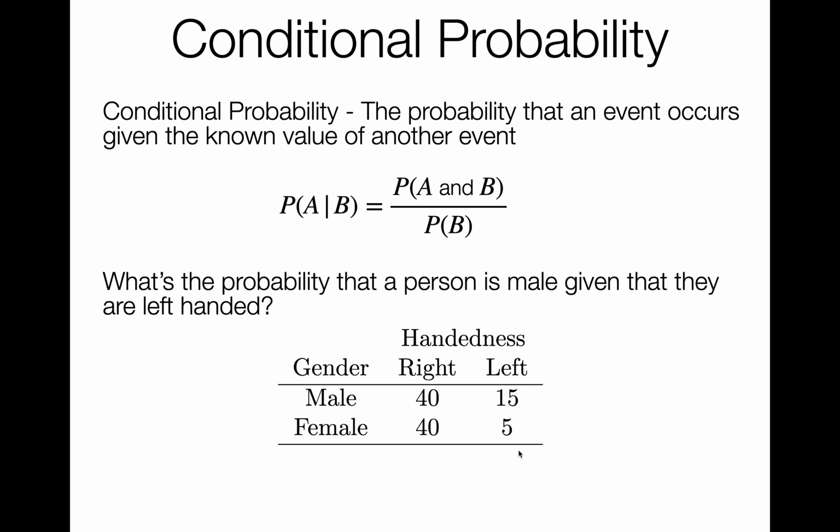And so you're going to get a much higher number than just male and left-handed. Sorry, flip that. The probability of A and B happening, male and left-handed, is 15 divided by 100, divided by left-handed, which is 20 divided by 100. So the computation is not that important. It's the idea behind this definition.